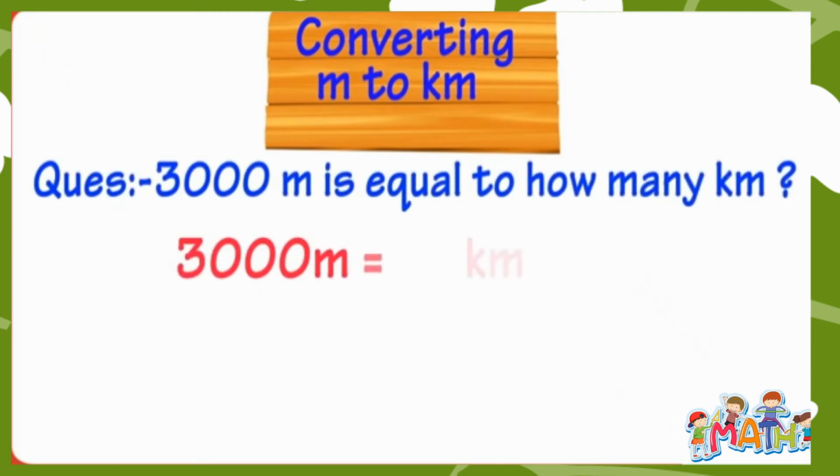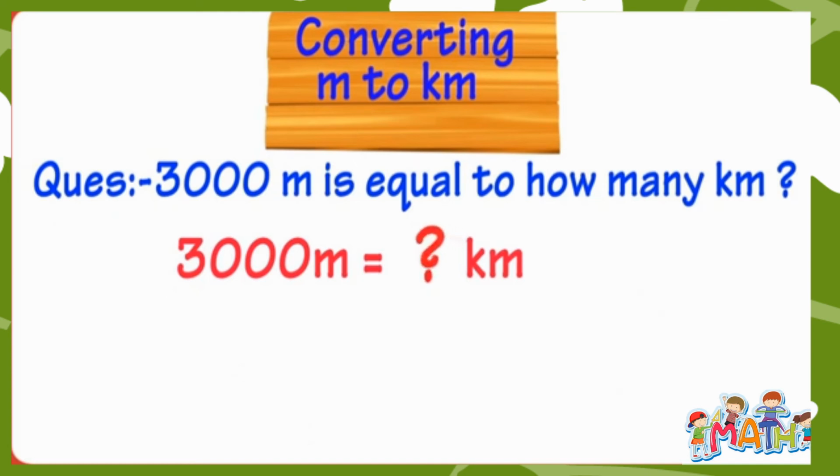Now let's learn converting meters to kilometers. We have here the question, 3,000 meters is equal to how many kilometers? As we can see in the unit, this is from smaller unit to bigger unit. In converting meters to kilometers, we need to divide it by 1,000.